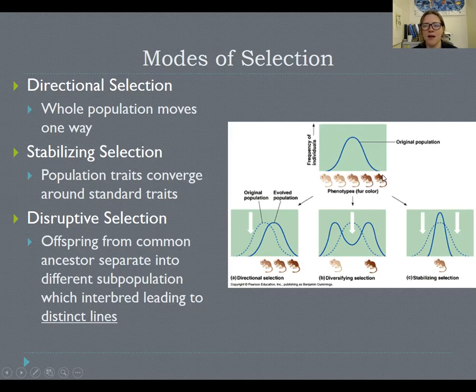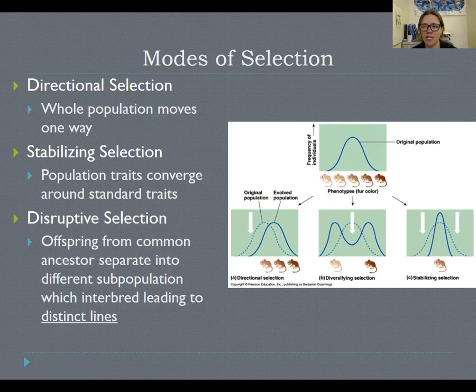So maybe the dark mice, I don't know, there's something about their ability to camouflage that's harder both when they're really dark or really light. So having some sort of middle, more mottled color maybe allows them to have better potential camouflage in this particular environment. Remember, the traits always have to do with what environment you're existing in.